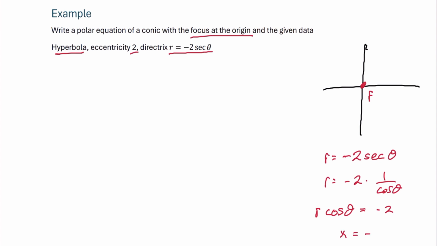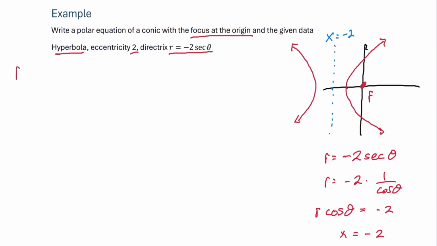So we have x equals -2 as our directrix. So with that, we can get a quick sketch of what the hyperbola is going to look like. Again, not actually necessary, but I like to see it. Helps me visualize what we're going for.